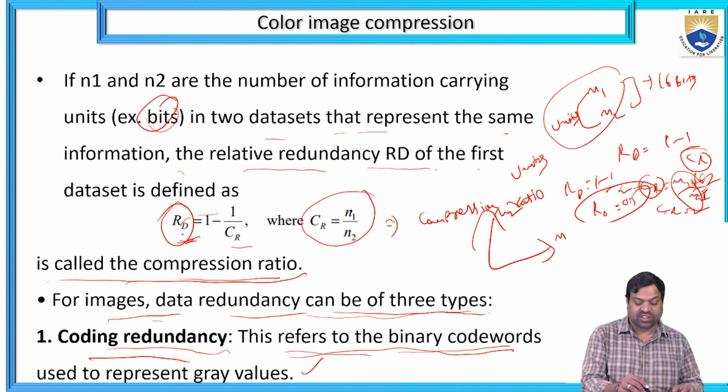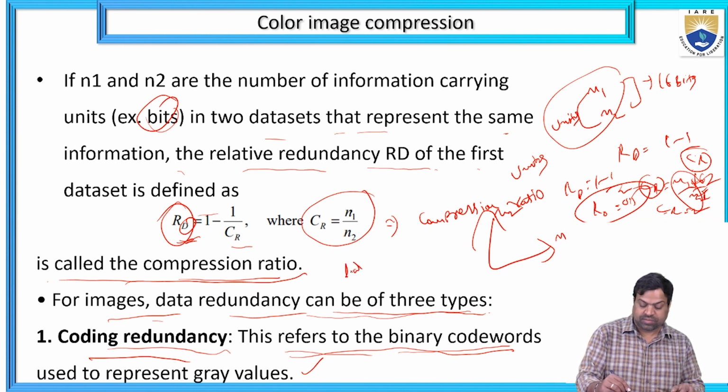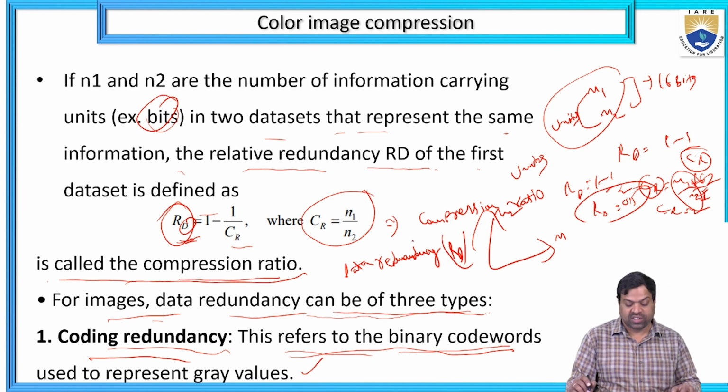RD equals 1 minus 1 by CR, where CR equals N1 by N2. It is also called the compression ratio.